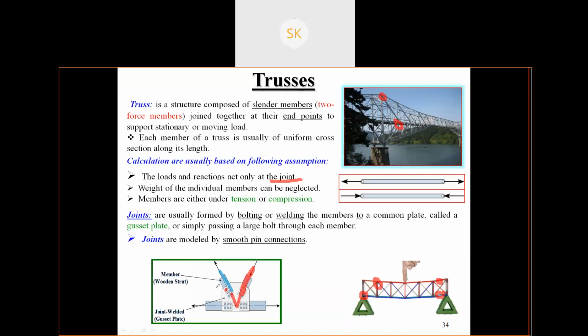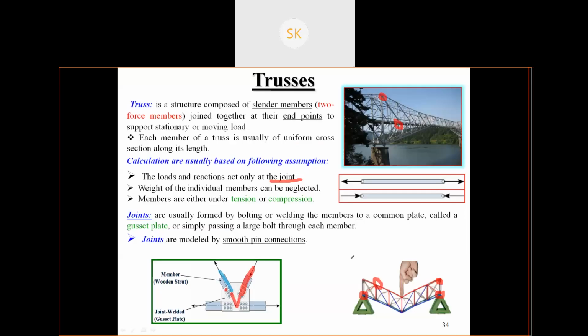Some screws have been used to join those members to a plate, and this is another member. So these members are jointed by either bolting or welding the members to a common plate called a gusset plate, or simply passing a large bolt through each member.